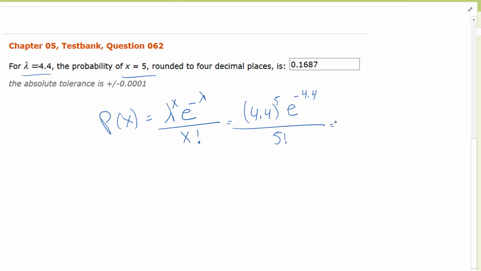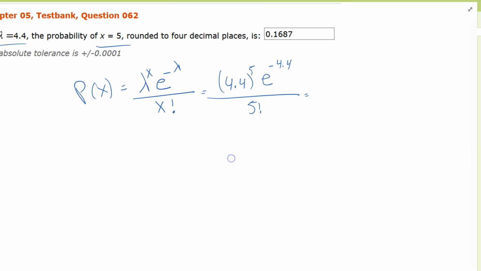So if I plug this in my calculator, depending on your calculator, the order of operations is going to be pretty important here. And we get 0.1687277, and so forth.